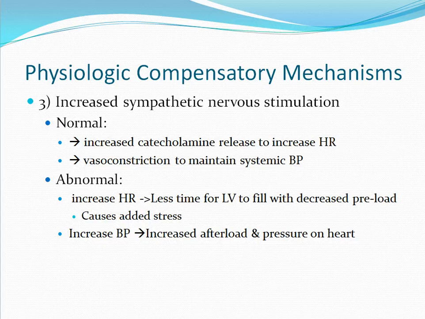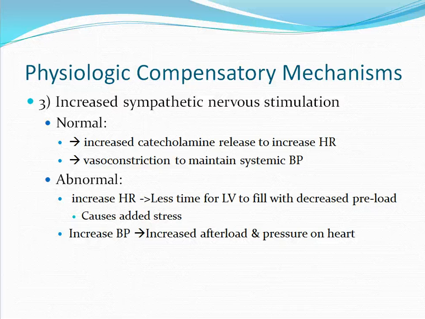Another normal compensatory mechanism would be an increase in sympathetic nerve stimulation. Under normal conditions, what this does is it would cause an increase in catecholamine release, such as norepinephrine. This would cause an increase in heart rate. It would also cause vasoconstriction in an attempt to maintain systemic blood pressure.